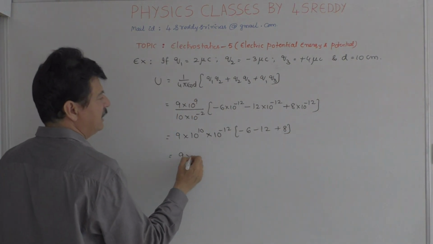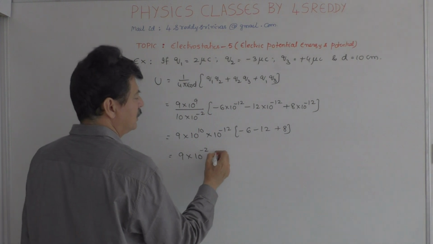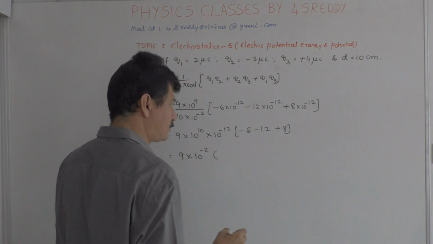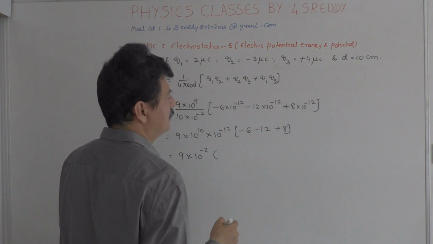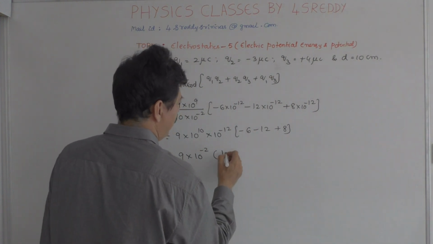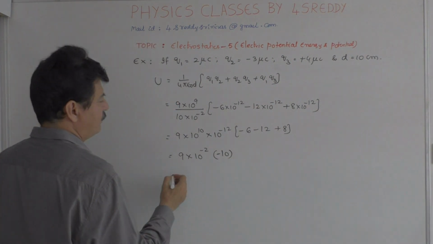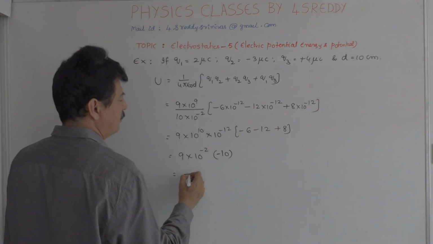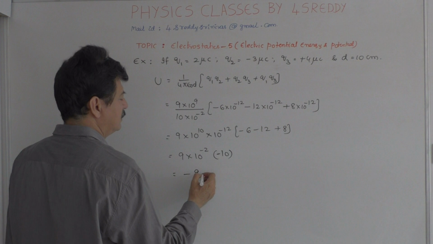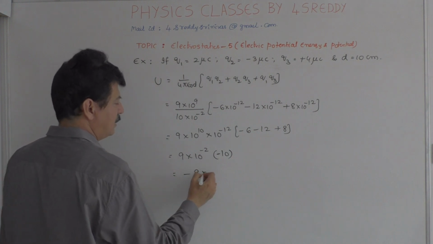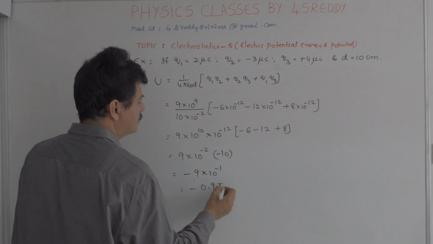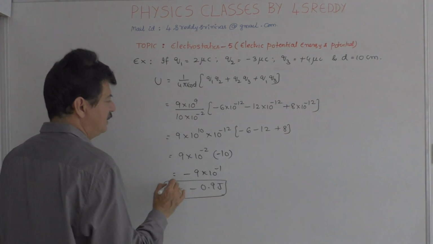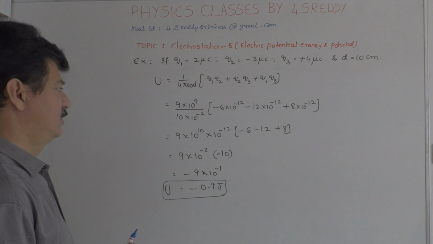Therefore, it is 9 into 10 power minus 2 into minus 10, so it is minus 0.9 joules. Like that, we can easily calculate.